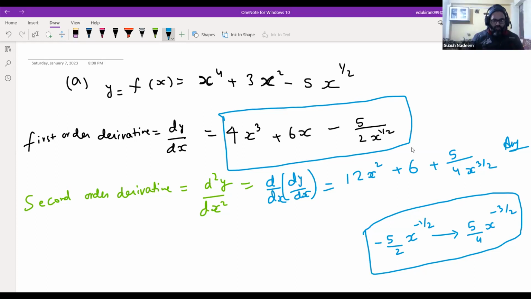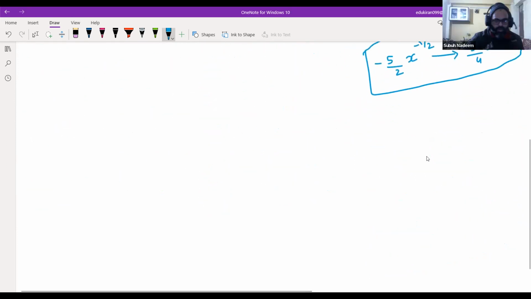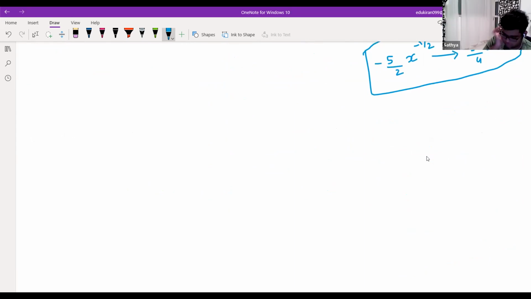Yes, Satya, are you doing? Yes, sir, I'm doing the second one, 5x minus 3 pi. I'm getting 6 by 4x square for the first derivative. Should I do the quotient rule again for the second one? Let me check first.